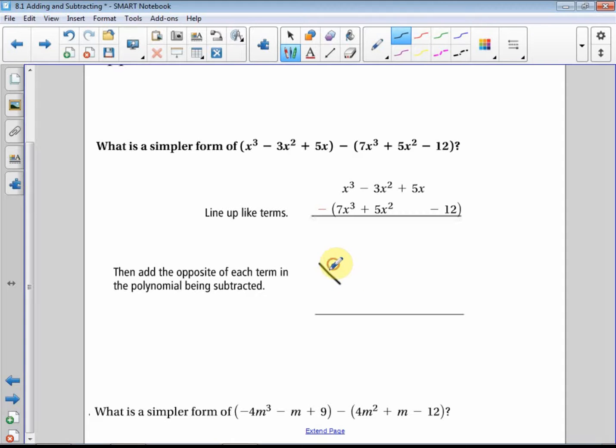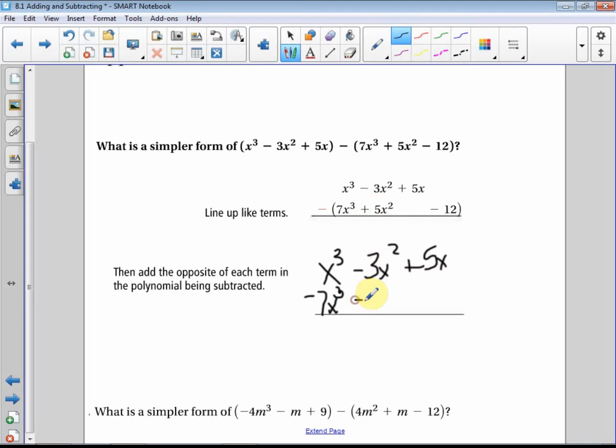So we will have x to the third minus 3x squared plus 5x. Now I'm going to negate each of these terms, and I'm going to be very careful with the placement of my terms. So I have 7x to the third. We negate it, so I will have negative 7x to the third.